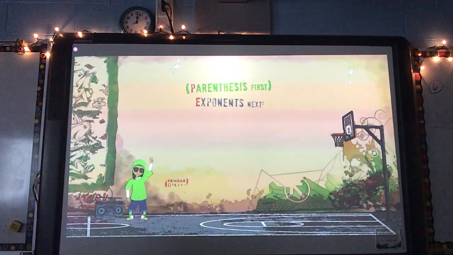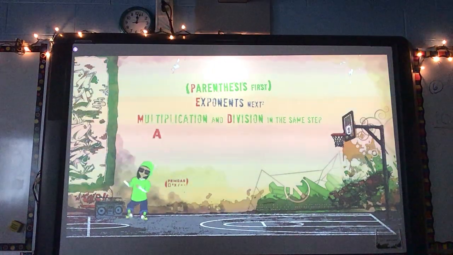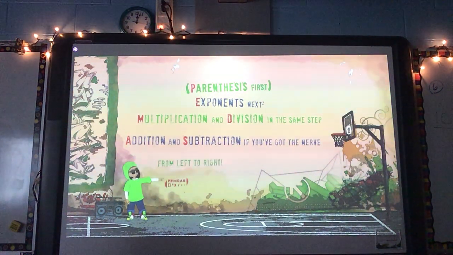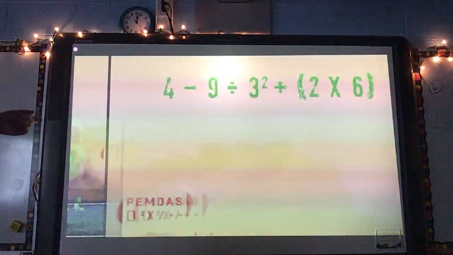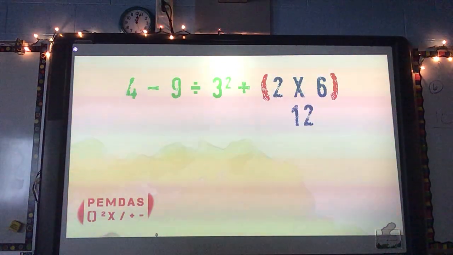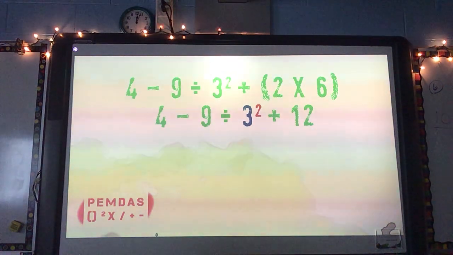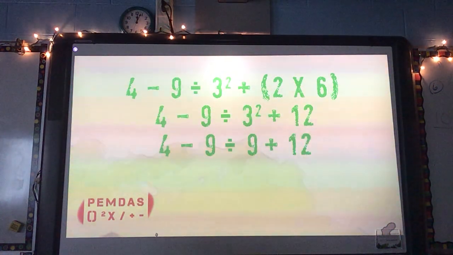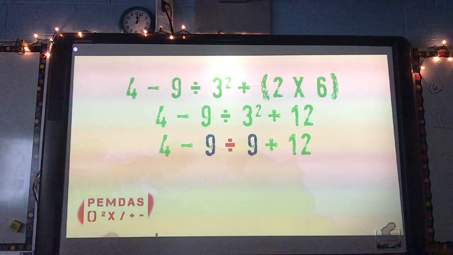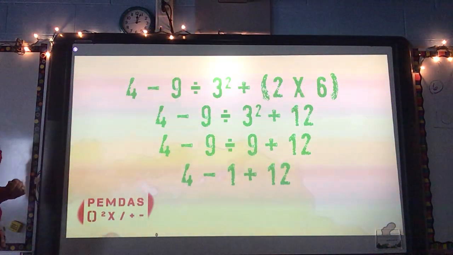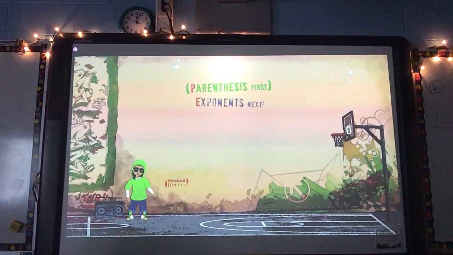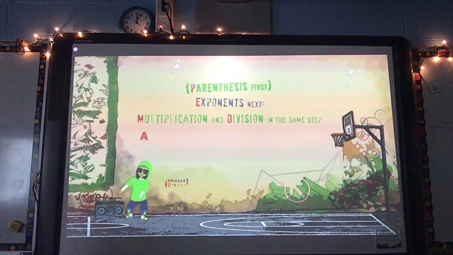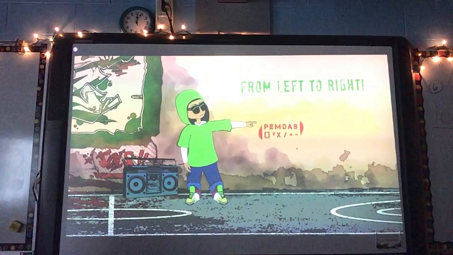Oh, that's his Aunt Sally. 2 times 6, the product's 12. Put it back in the mix. Exponents next, 3 squared is 9. When you know the tricks, it don't take much time. Now we divide or multiply. 9 divided by 9 is 1. 4 minus 1 has a difference of 3. When we add the 12, we get 15.